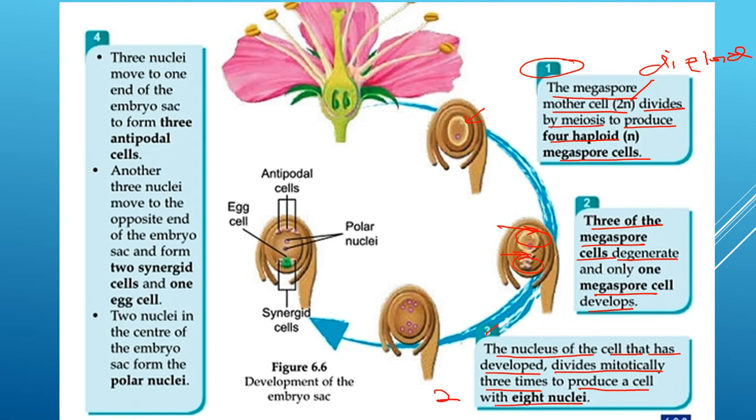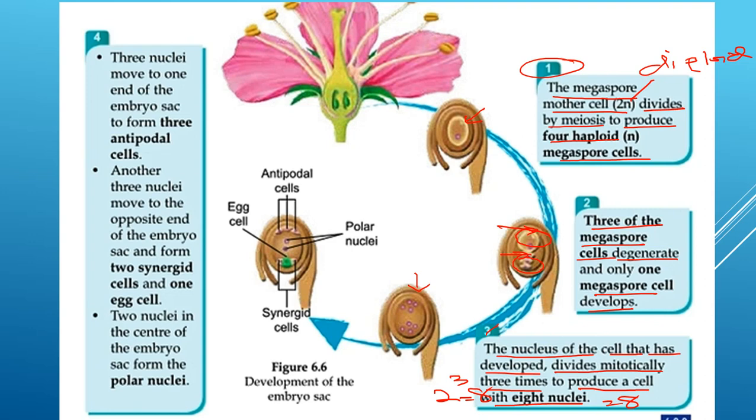Maksudnya 2 kuasa 3 sama dengan 8. Betul kan? So bila mitosis 3 kali, dia produce 8 nukleus. Okay, so kita tengok di sini ada 8 nukleus.